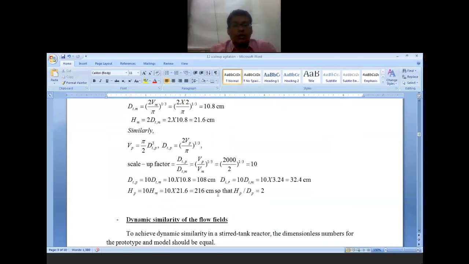And we know the scale-up ratio as dTp upon dTm, that is dt2 upon dt1, which is nothing but the diameter of the tank in the production scale upon the diameter of the tank in the laboratory scale. That is nothing but the volume ratio raised to 1/3. So in this case, it comes out as 10.